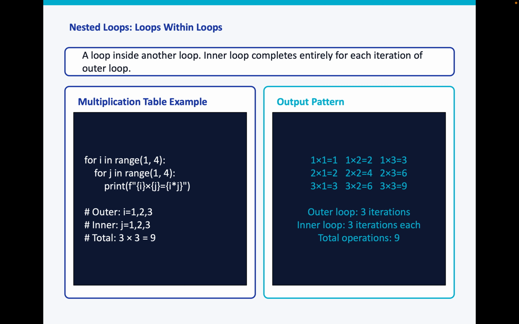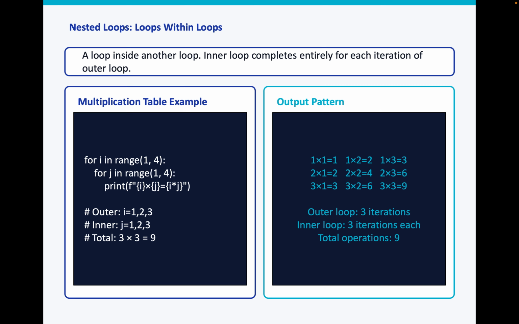When i equals 1, the inner loop runs with j equal to 1, 2, 3. That is 1 multiplied by 1, 1 multiplied by 2, 1 multiplied by 3. Then i becomes 2, and it runs for j values of 1, 2, 3, and in the next iteration i becomes 3 and j becomes 1, 2, 3. So if there are 3 i values and 3 j values, the total operations will be 9.